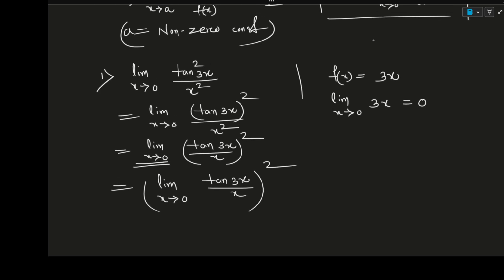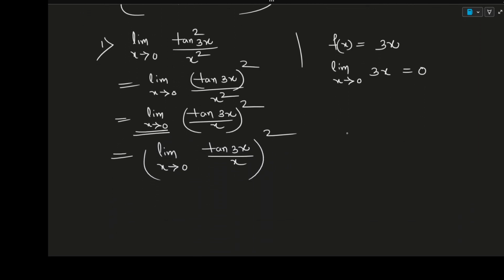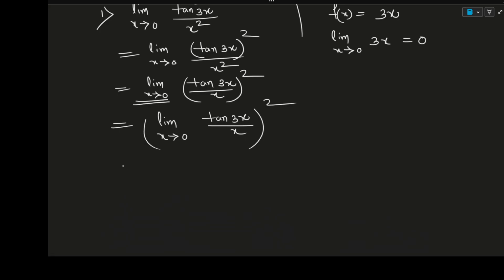So this condition also holds smoothly. But before applying that above formula, I have to make sure that in the denominator I also have f of x, that is 3x. But I don't have 3x here, I have only x. So I have to make 3x in the denominator.